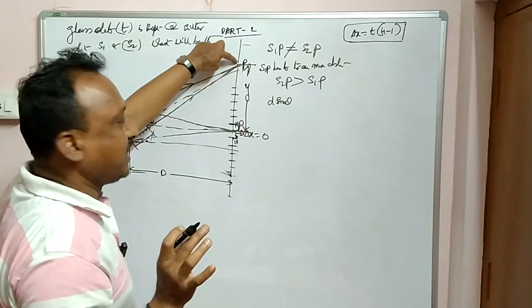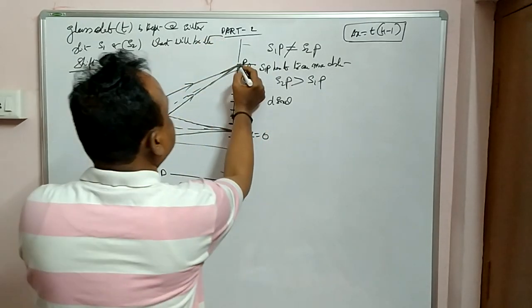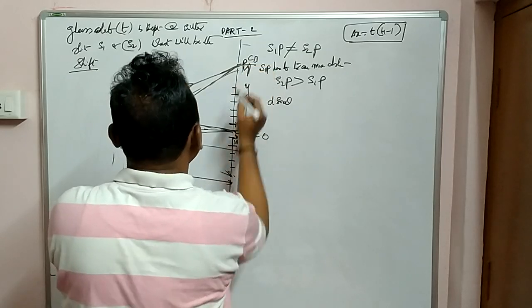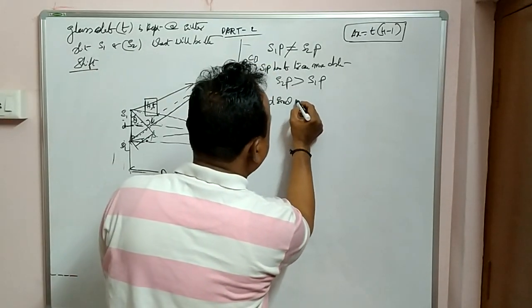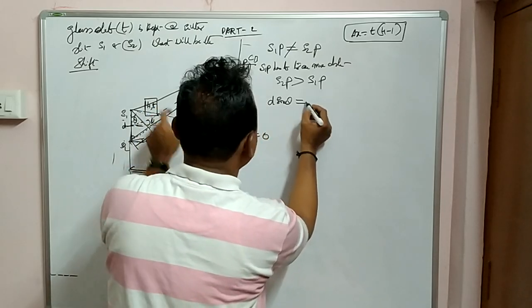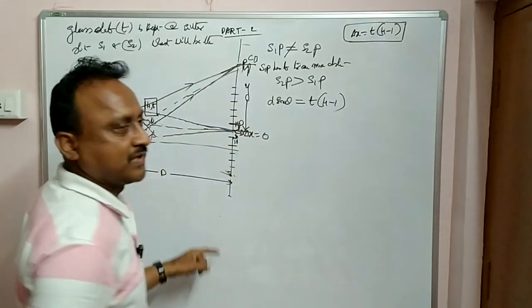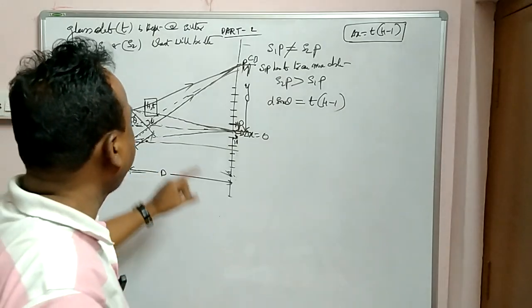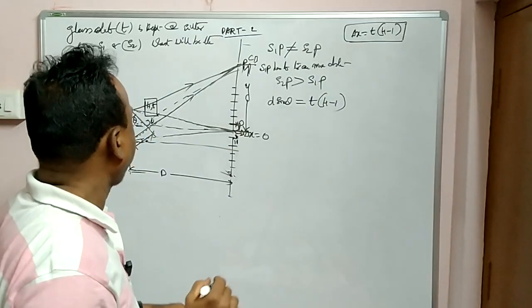If the point P is considered here, what do we have to do to get the central band here? This d sin theta should be equal to t into mu minus 1. Because what is our concept mainly? S1P minus S2P should be equal to 0.